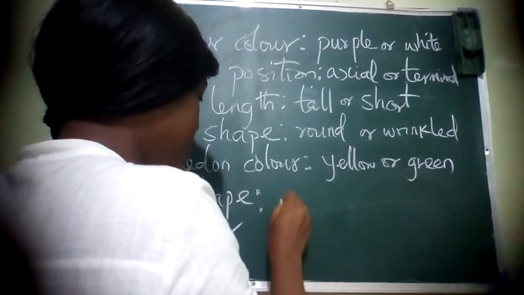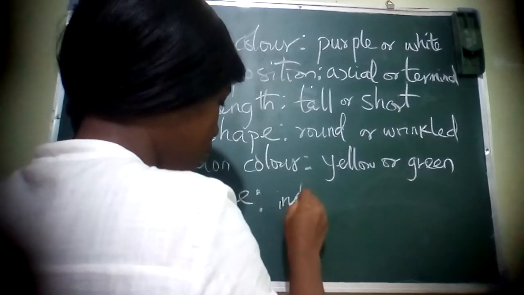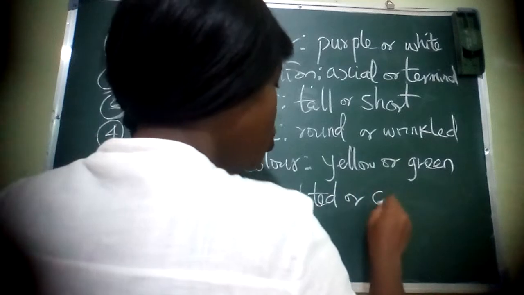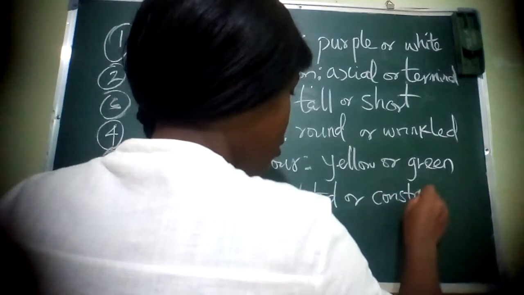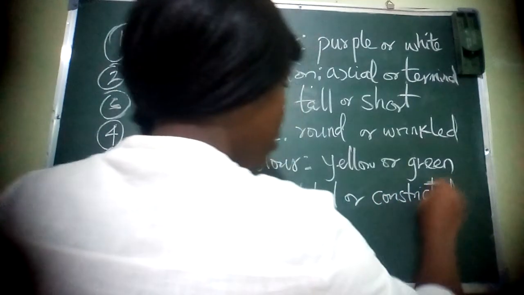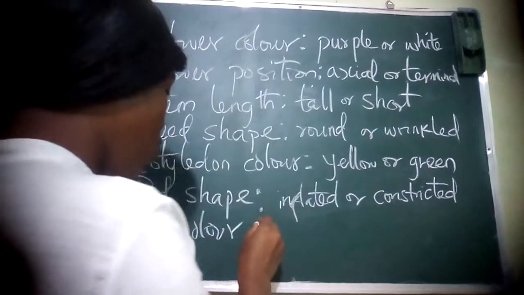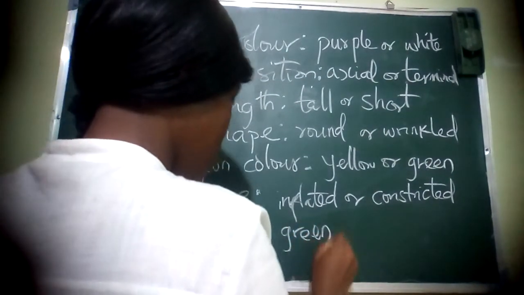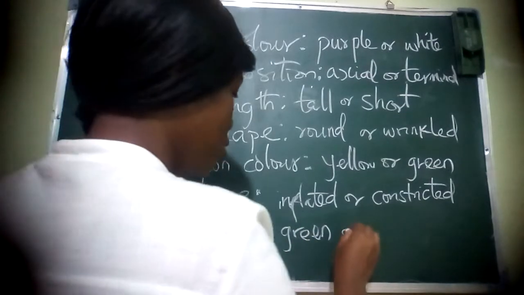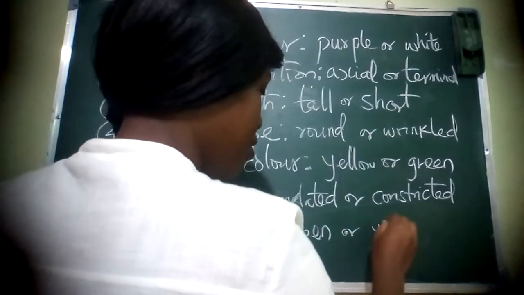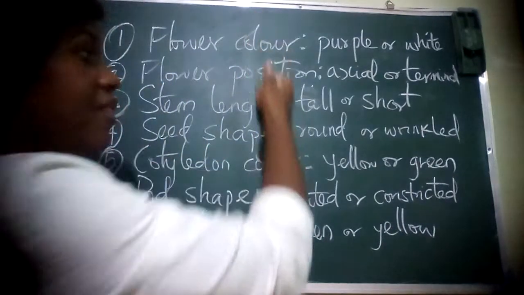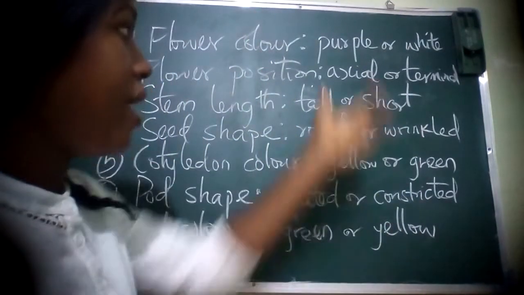It either had inflated or constricted. And then pod color, either had green, those are the ripe pods, or yellow. So as we can see, for each of these characteristics, there is a pair.